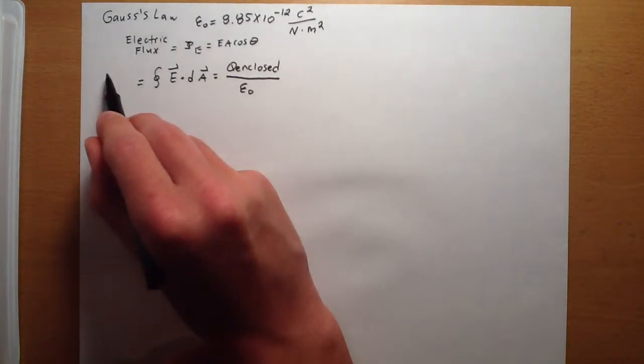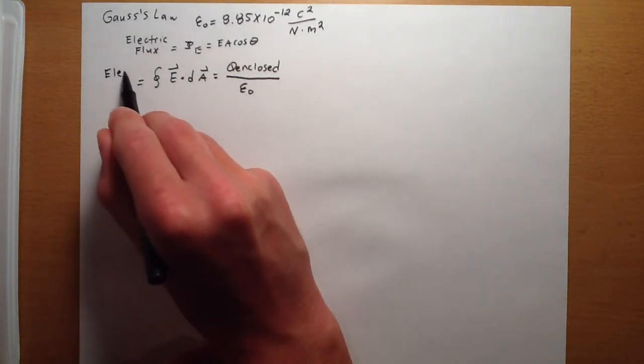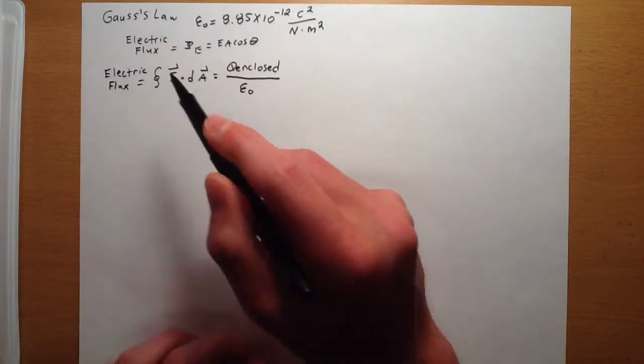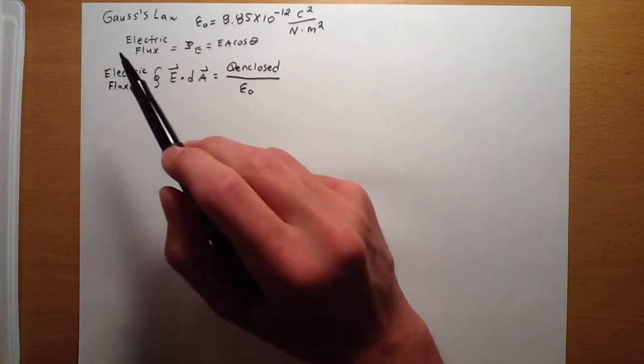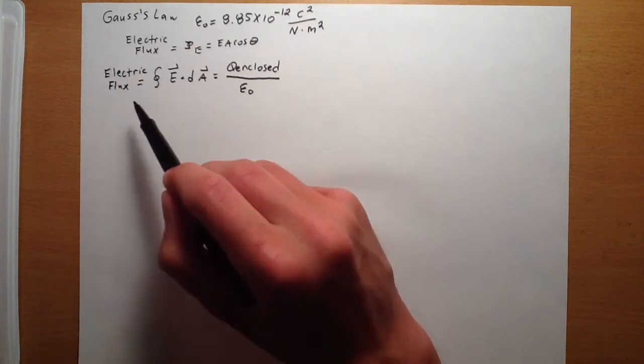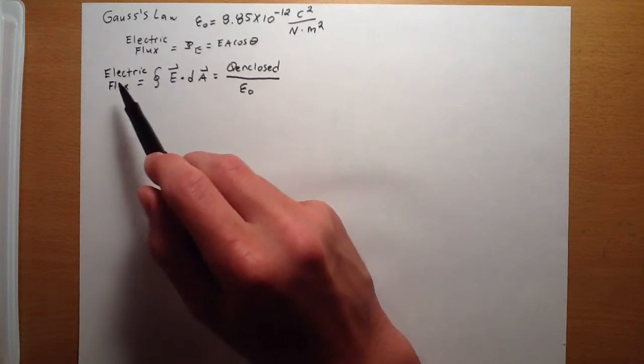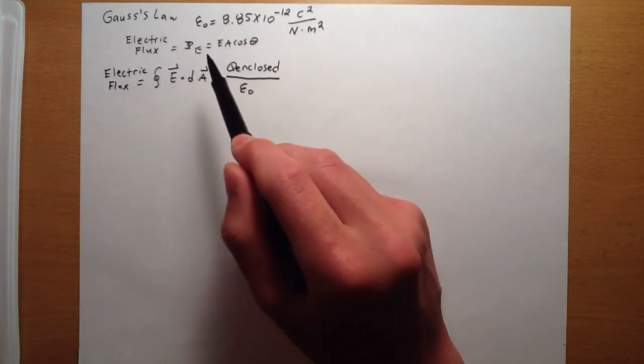And this equation is equal to electric flux. You may be wondering, why do we have two electric flux equations? We do because this is the electric flux for a plane. This is the general formula.